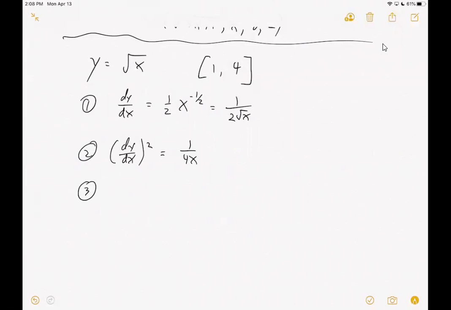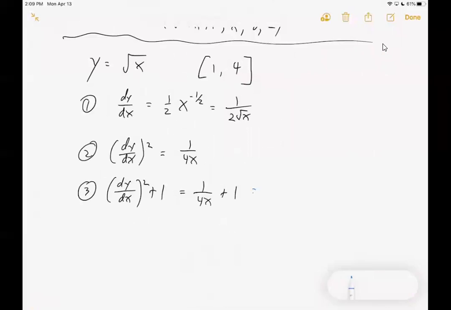Step 3, add 1. And you might say, oh, let's try, what if I do 1 plus 4x over 4x? So you could rewrite that algebraically that way.